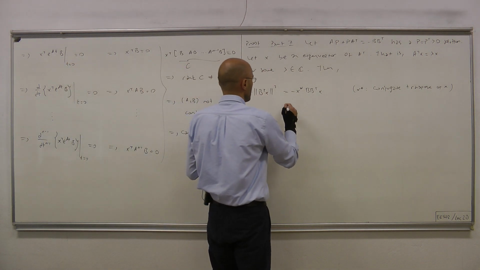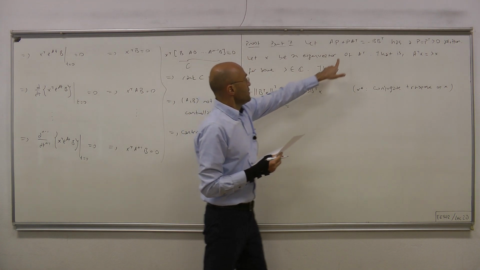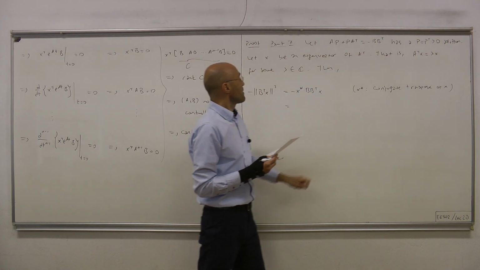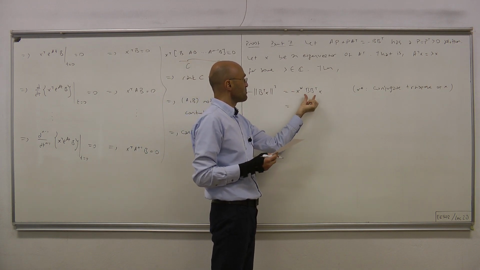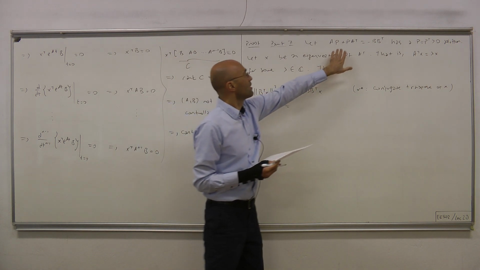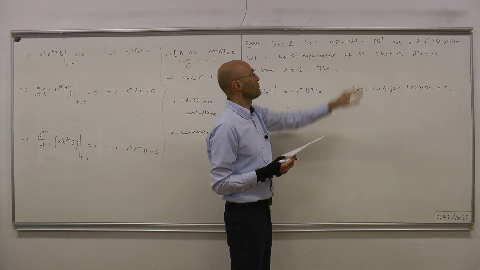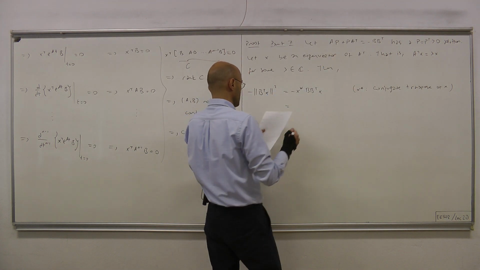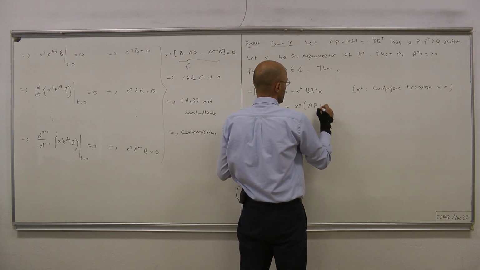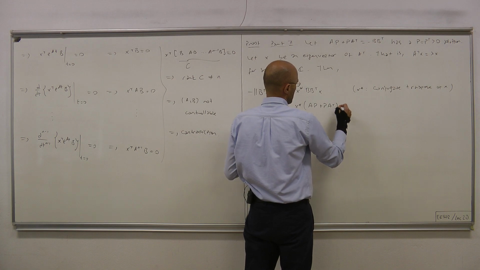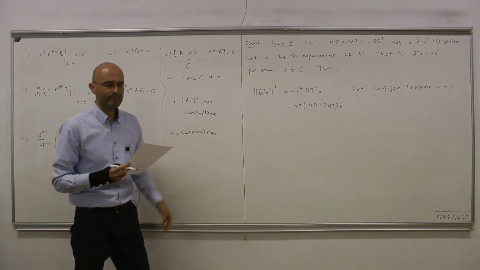Then, since -BB^T equals AP + PA^T, we can replace this -BB^T by the left-hand side of the Lyapunov equation, and that yields X star times (AP + PA^T) times X.